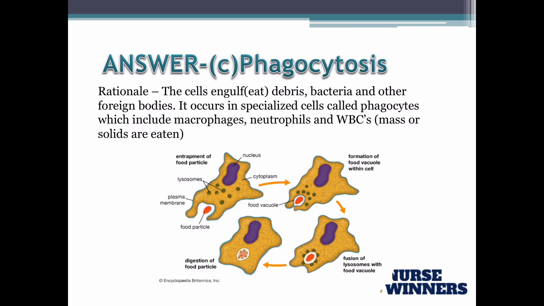Rationale: the cell engulfs the debris, bacteria and other foreign bodies. It occurs in specialized cells called phagocytes, which include macrophages, neutrophils and WBCs. Masses or solids are eaten in phagocytosis.